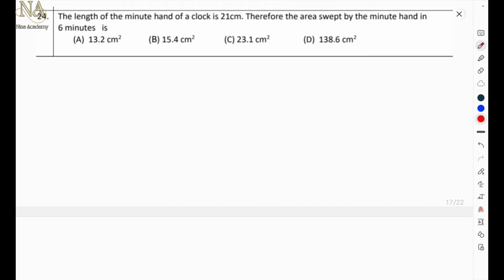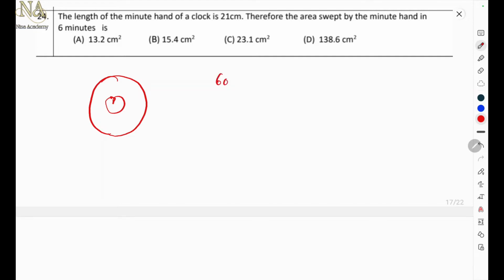Question number 24. The length of the minute hand of a clock is 21 centimeters. Therefore, the area swept by the minute hand in 6 minutes is. So, in a clock, in 60 minutes the minute hand completes one full rotation, right? One full rotation means 360 degrees.